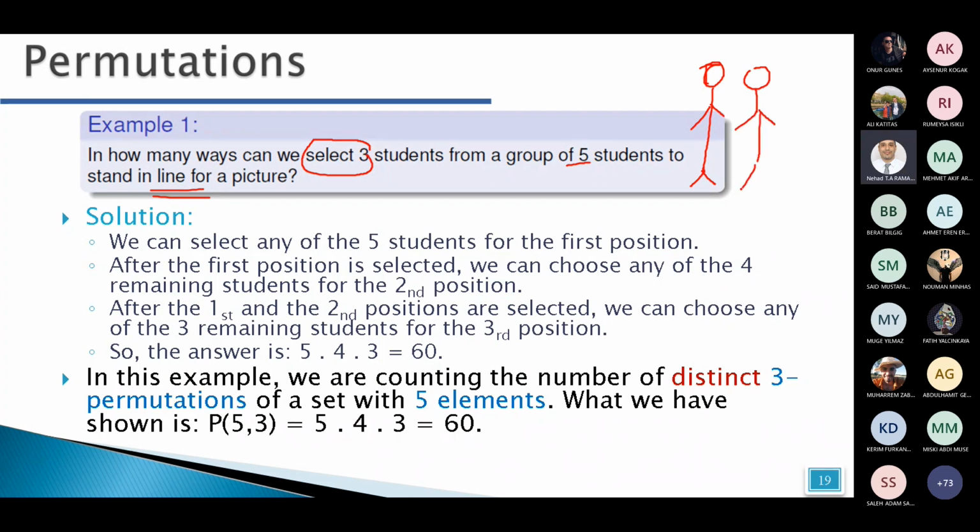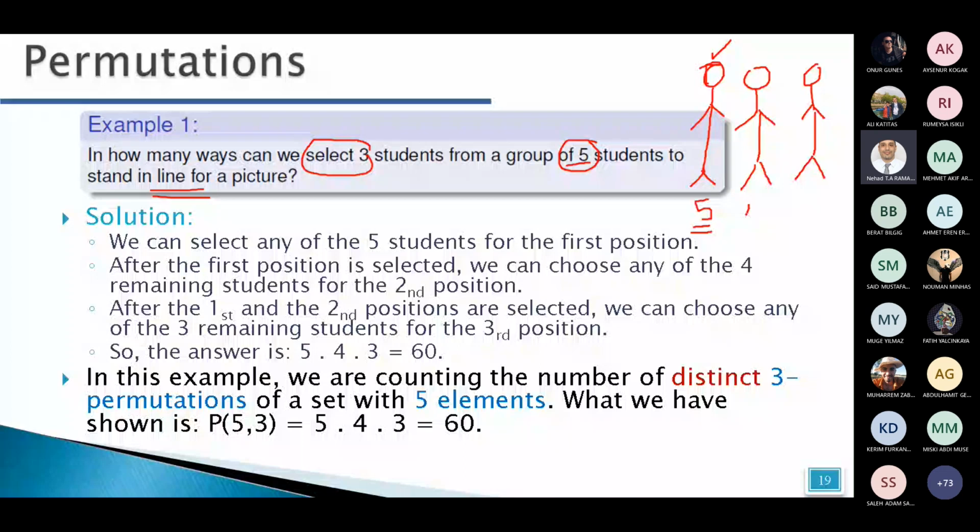So the idea here: how many ways to get the first student in the first position? Out of 5 students, we have 5 ways. We get the first student or second student or third student or fourth student or fifth student. Then after we get the first position in the picture, we need to get the second position.